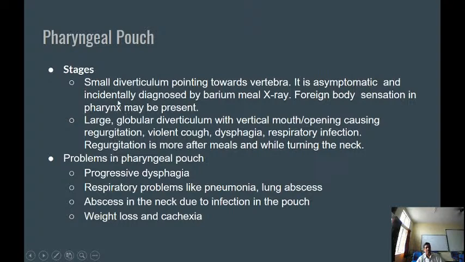Or sometimes the pouch, which contains the food or saliva or the material that we ingest, slowly regurgitates back, and then these people usually have recurrent lung infections. There are pneumonias and lung infections.